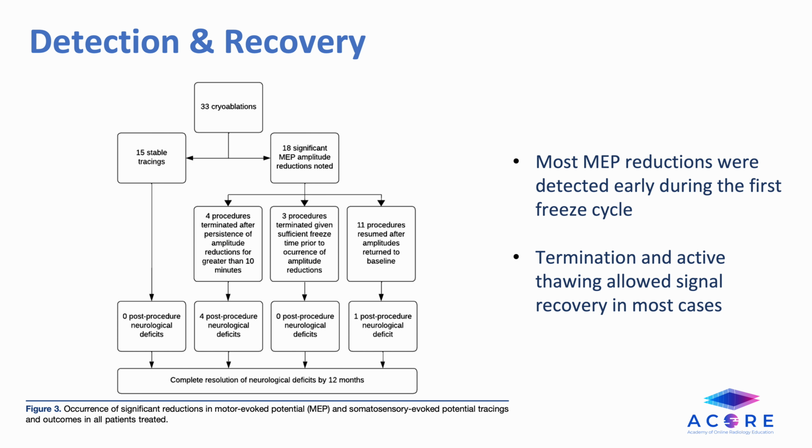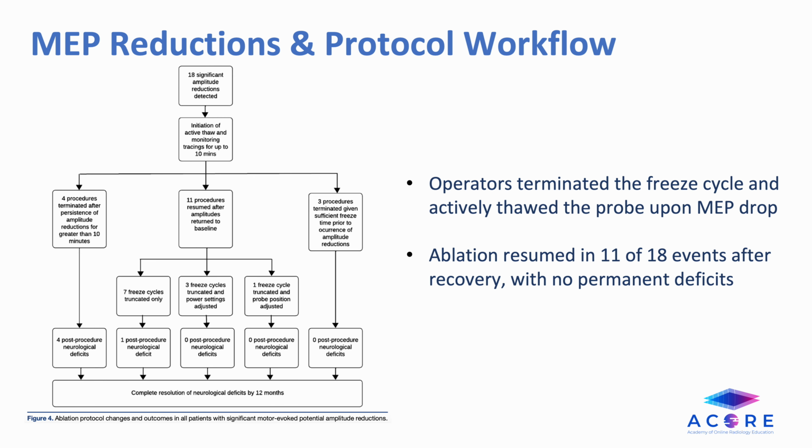The protocol followed a consistent algorithm, starting with monitoring the motor evoked potentials continuously, where 15 out of the 33 patients underwent the whole procedure with stable tracing with no neurological sequelae. But if motor evoked potentials amplitude drops greater than 30%, stop the freeze immediately and initiate an active thaw, and if necessary, reposition the probe or adjust the power.